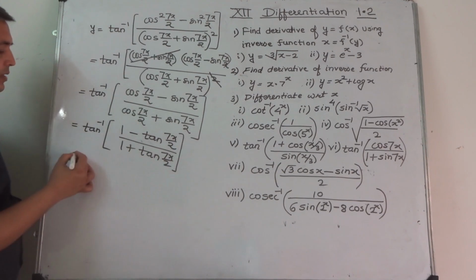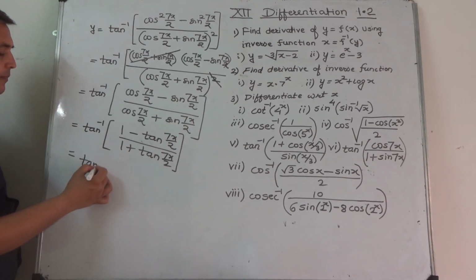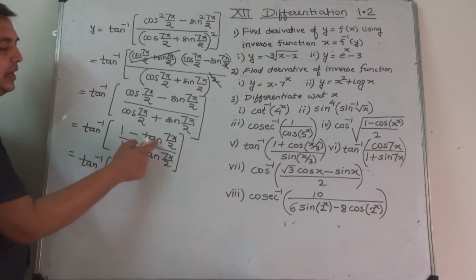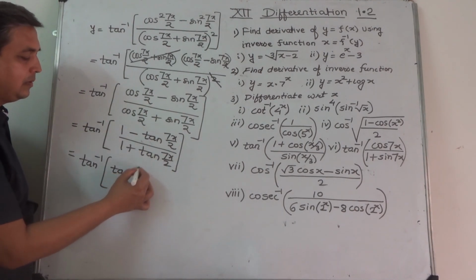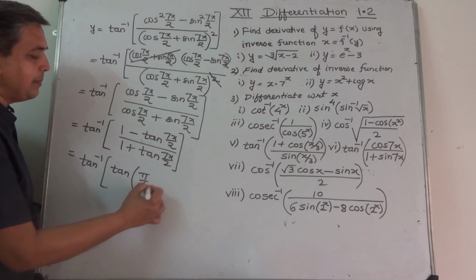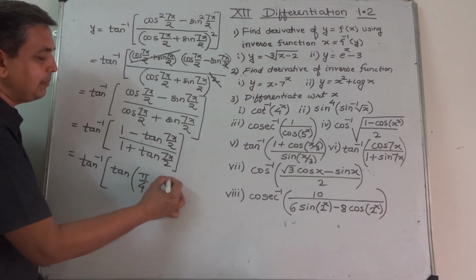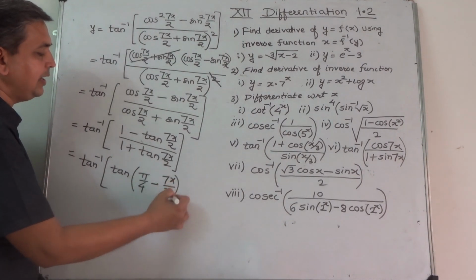Now students, this is again a trigonometry formula. 1 minus tan a upon 1 plus tan a is tan of pi by 4 minus a. In place of a we have 7x by 2.